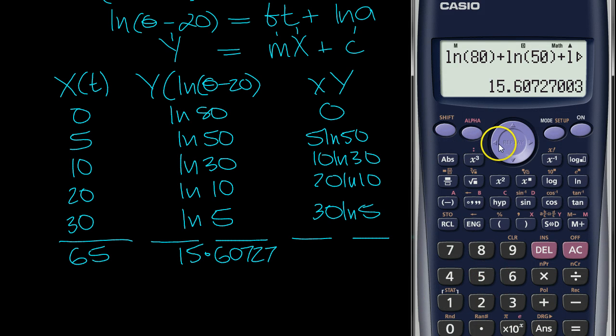Well, I'm not going to do that because I'm going to keep my top bit here first of all. So I've got 5 log 50. I'm going to go back and delete that one, and do 5 times log 50 plus 10 times log 30 plus 20 times log 10 plus 30 times log 5.